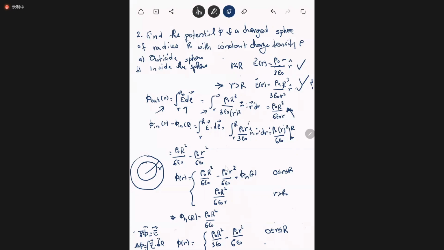Now, by what we know about integration, the 1 over r squared, when we integrate it, will give us minus 1 over r. I mean, this is calculus. So this one is basically equal to rho 0 R cubed over 3 epsilon 0 times r. Yeah? Is this clear?